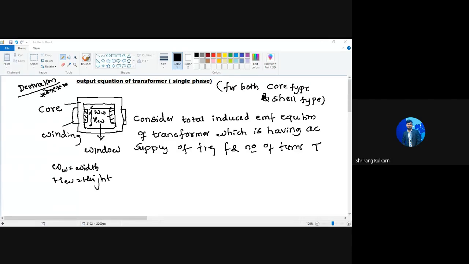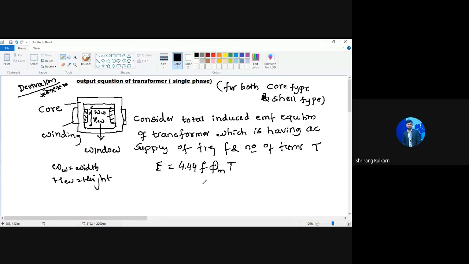So what are we considering? We are considering the total induced EMF equation of a transformer which is having an AC supply of frequency F and number of turns T. What is that equation? We can write it as E is equal to 4.44 frequency flux and turns.